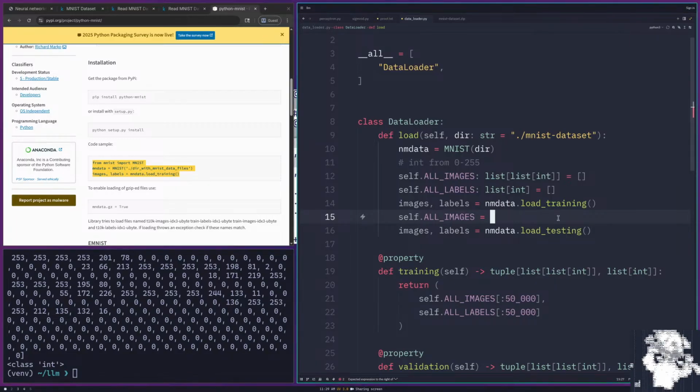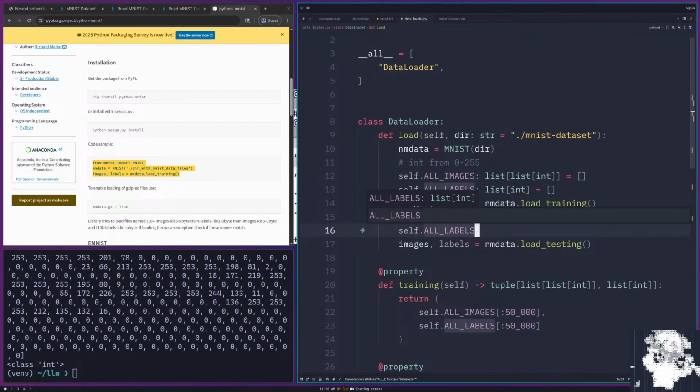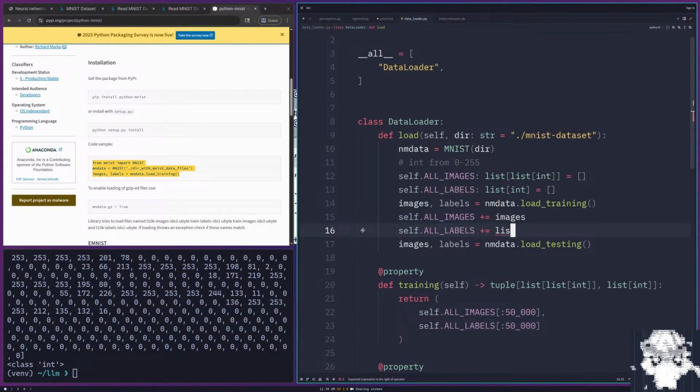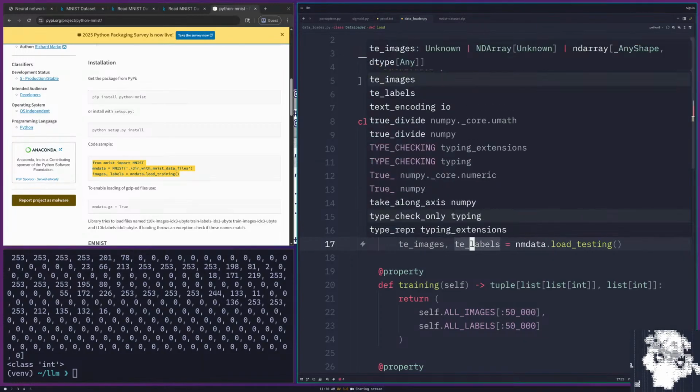All images plus equals images. All labels plus equals list of labels. These are training images, training labels. These are test images, test labels.